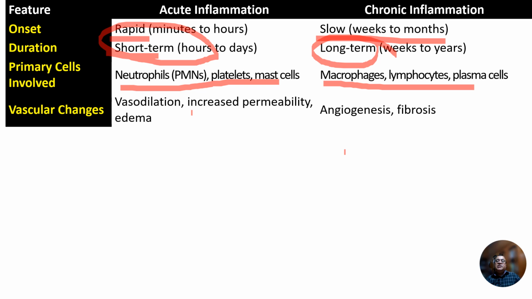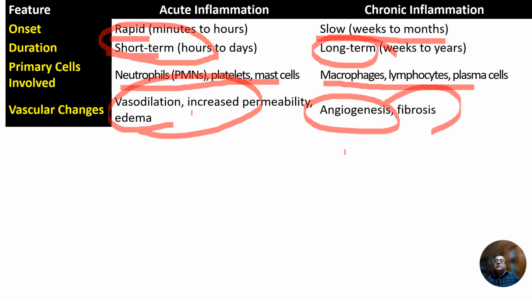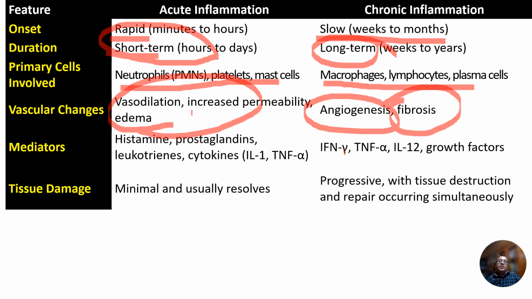The vascular changes that occur in acute inflammation are vasodilation and increased vascular permeability that results in edema, while in chronic inflammation there is development of new blood vessels, that is angiogenesis, and also there is activation of the fibroblasts that result in fibrosis.